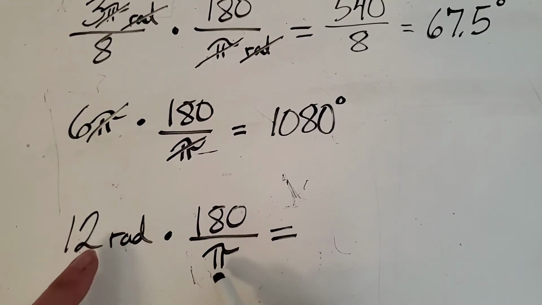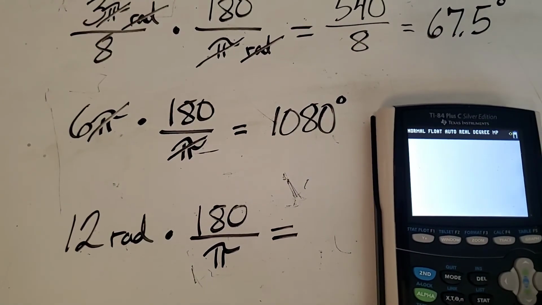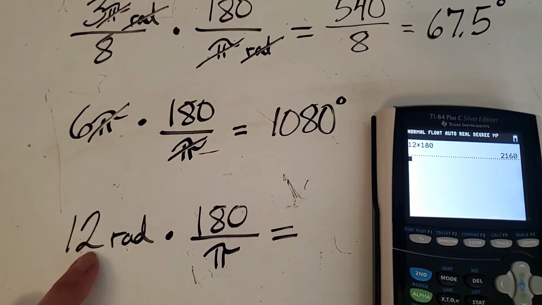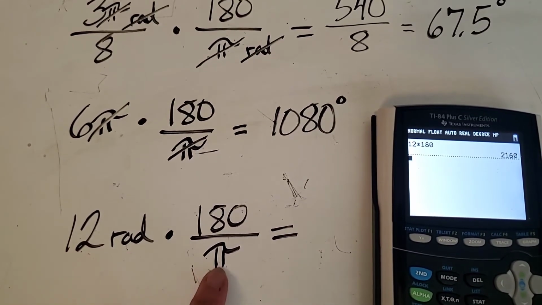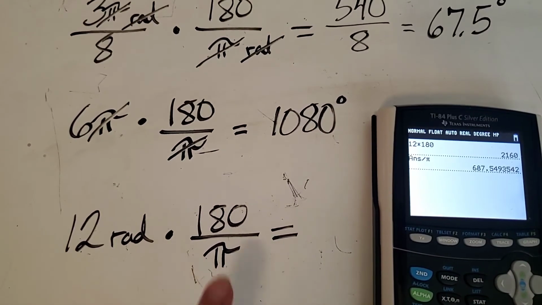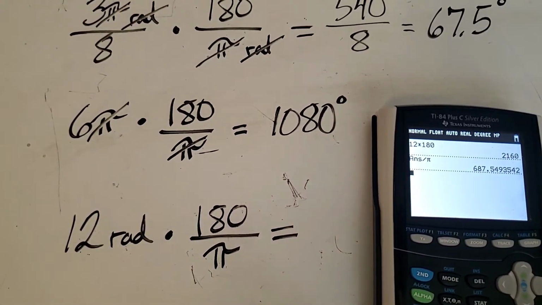There's no pi to cancel out. So I'm just going to do most of it here on my calculator. I'm going to do 12 times 180. That's 2160. Then I'm going to divide by pi. And it becomes 687.55.